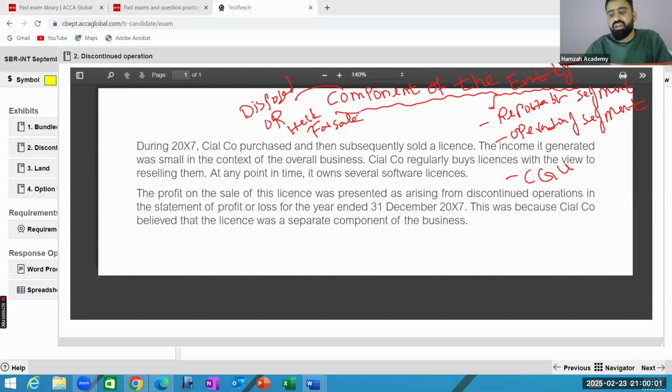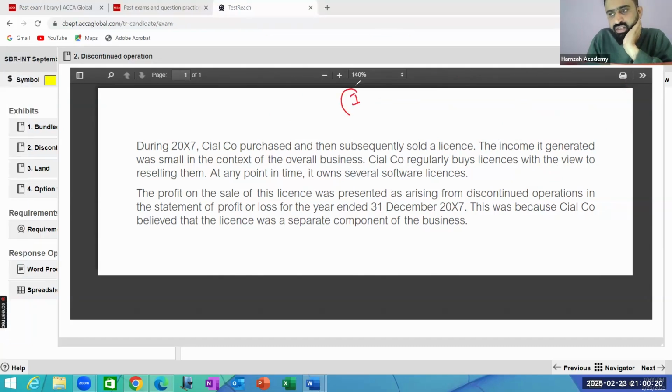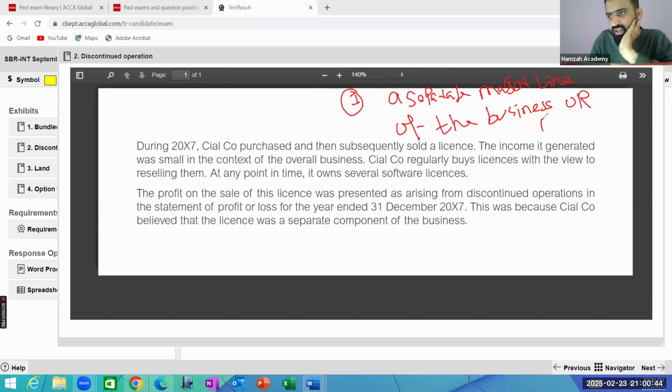First of all, after you have established that it is a component of the entity, and that the component has been disposed of or has been classified as held for sale, then the next step is that the component of the entity is representing, number one, a separate major line of business or geographical area.